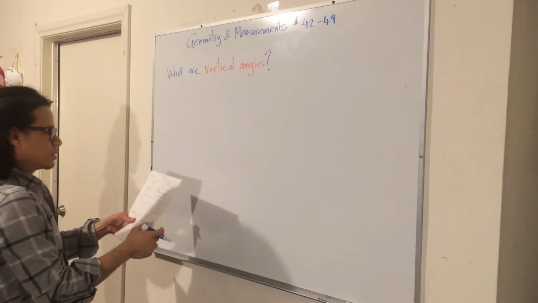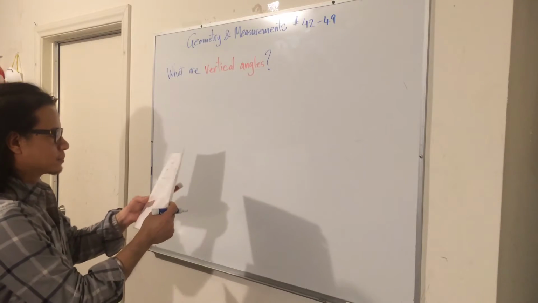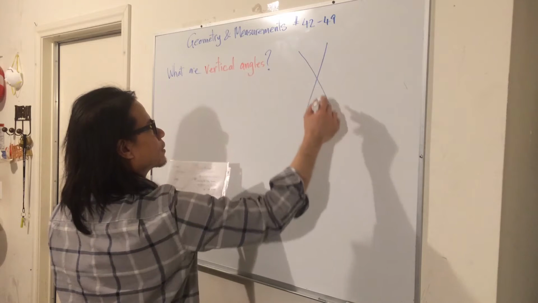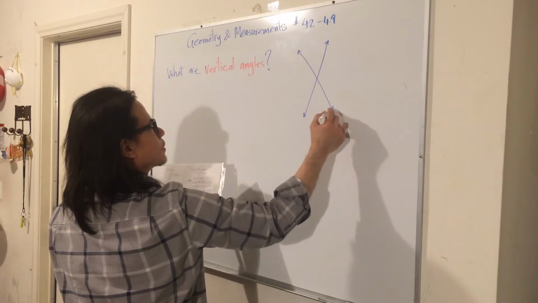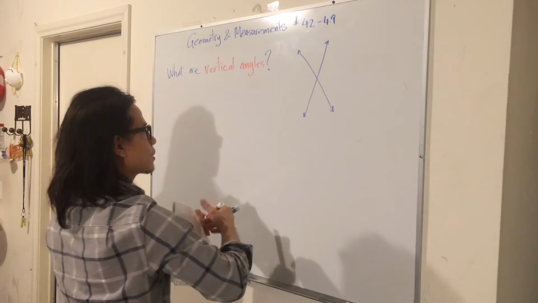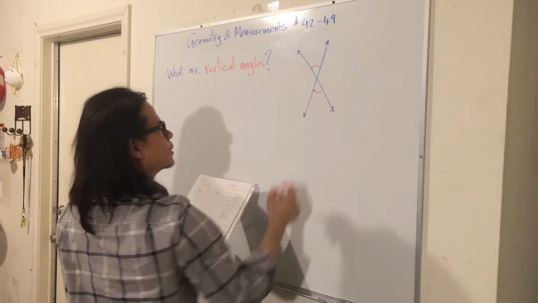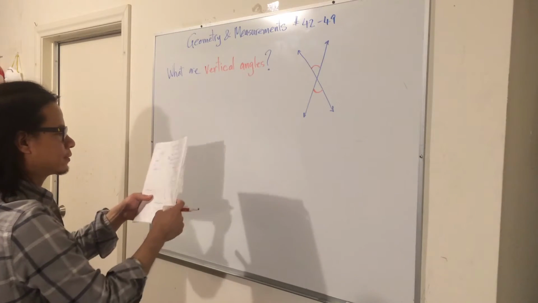If you ever come across these words, if you have two lines that intersect, these here are vertical angles. Angles that are opposite of each other.